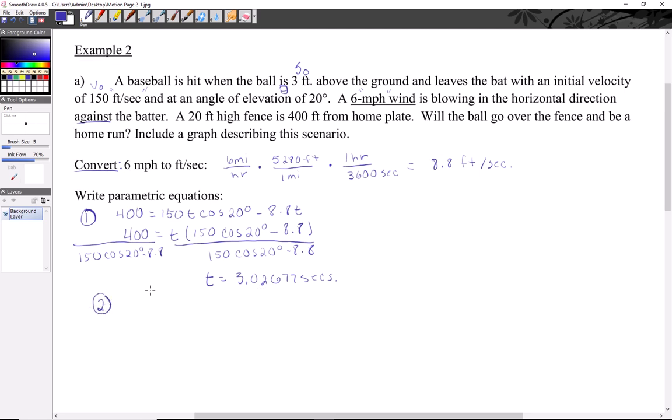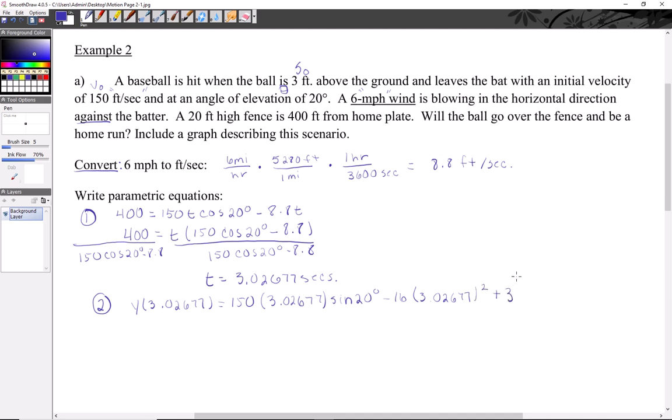We've got y evaluated at 3.02677 equals 150 times 3.02677 sine 20 degrees minus 16 times 3.02677 squared plus 3.